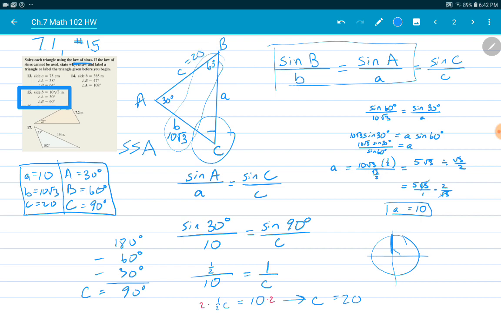Turns out this is actually a right angle, and you can see my triangle's not drawn to scale. A is 10. And as a quick check, I can recognize that this is a 30-60-90 triangle. Looking at those ratios, the hypotenuse is twice as long as the shortest side, which is what I know about 30-60-90 triangles. So that is my final answer.